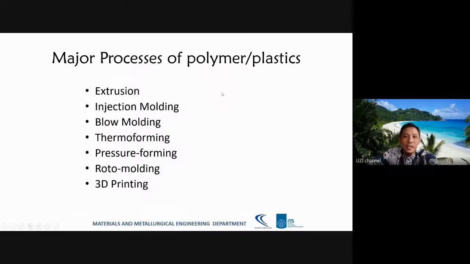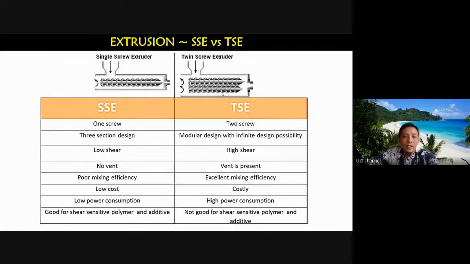Okay, for extrusion, commonly the process uses a single screw extruder, but it can also use a twin or double screw extruder. What is the difference? This is the table of differences between the single and twin screw extruder. For example, the single screw extruder has no fans, but the twin has fans present.